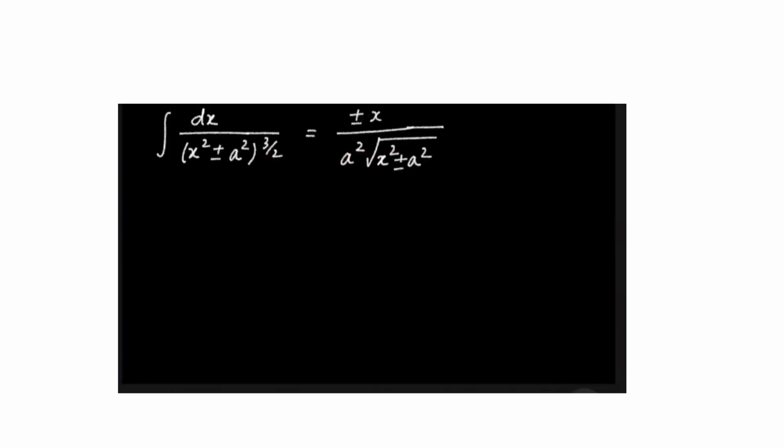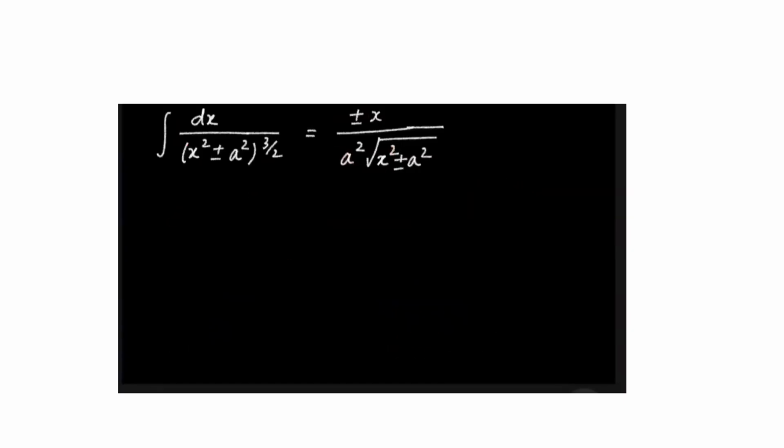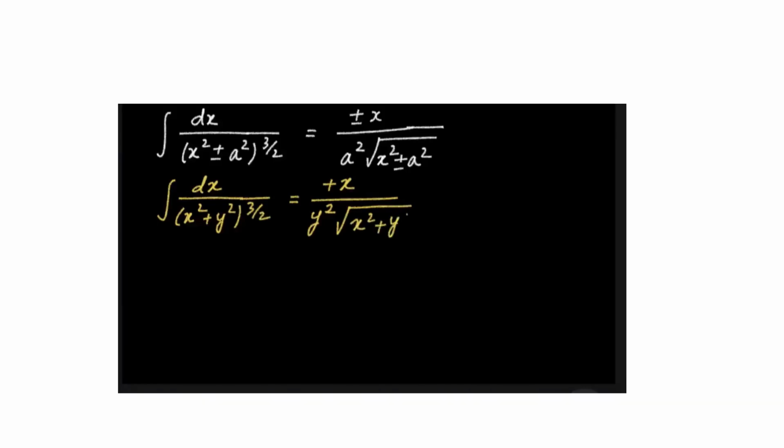Except in our equation, we have x² plus y², not x² plus a². So let me just rewrite this equation to be exactly as we have it. So we will have dx divided by x² plus y² to the power of 3 by 2. And this would give us x divided by y² root square of x² plus y².